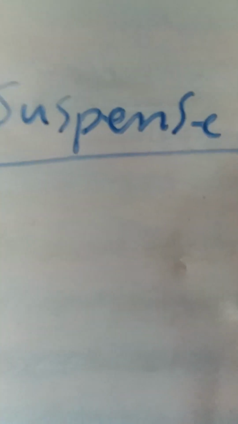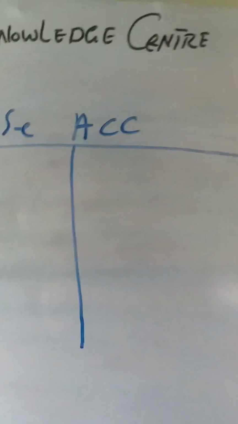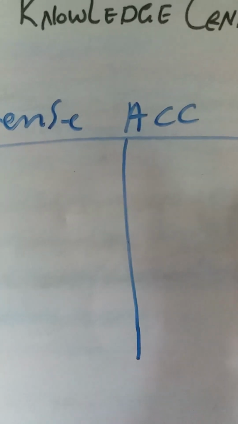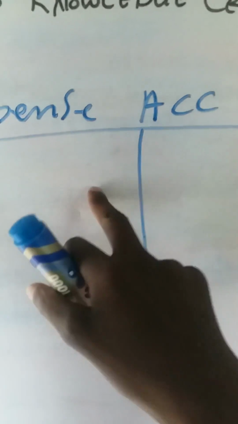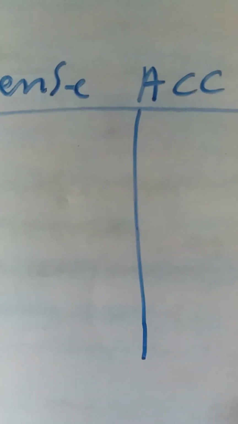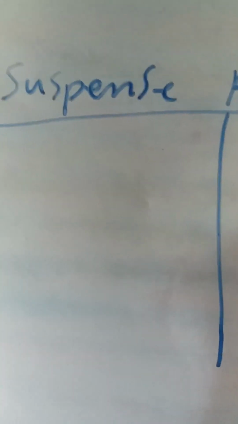In our question, the question says the credit side is greater than the debit side in your trial balance. So you open the suspense account in ledger form like that. The credit side of the trial balance is greater than the debit side, so the suspense account is going to record that excess amount, the difference, on the other side.